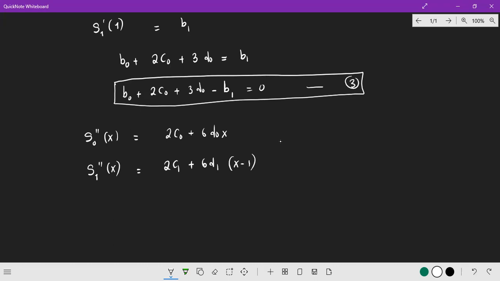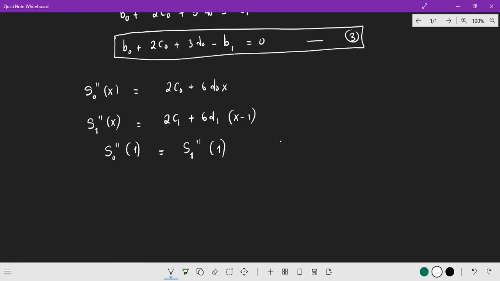Okay, so this must be the same, evaluating at the common point. S naught double prime at the common point where x equals 1 is equal to S1 double prime at the same point. So if we evaluate 2c naught plus 6d naught times x equals 1, it equals 2c1 plus 6d1 times (1 minus 1). So this term will be 0.